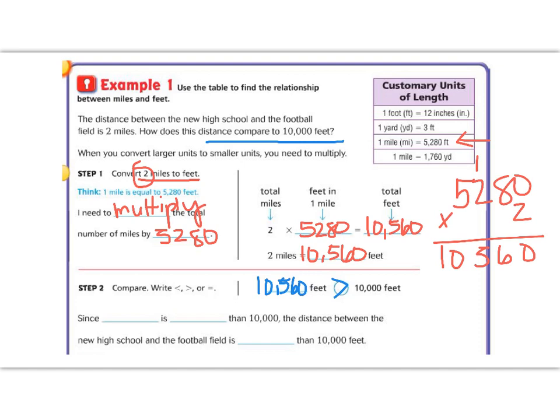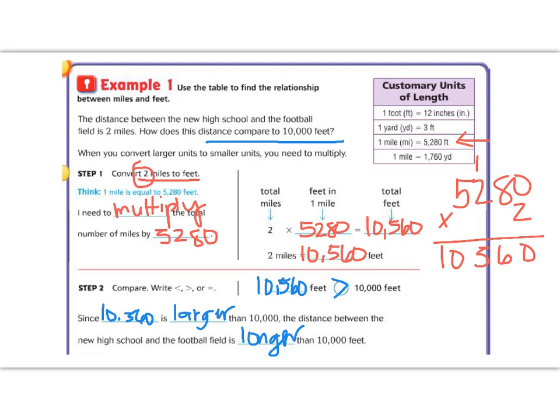So that means that 10,560 is bigger than 10,000 feet. So let's go ahead and fill in the answers below. Since 10,560 is larger than 10,000 feet. The distance between the new high school and the football field is longer than 10,000 feet. Great job so far, 5th graders.